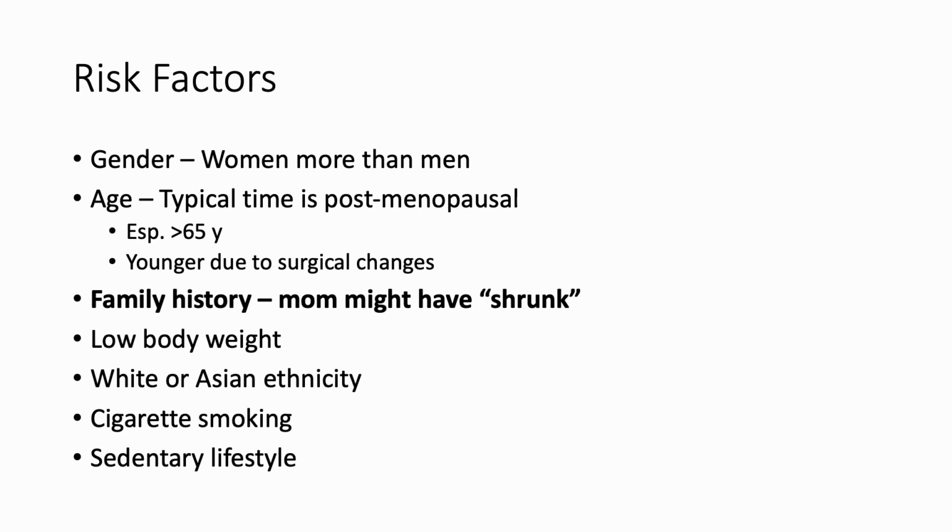The patient's mom might have been described as they shrunk. So this is a clue for you to maybe look deeper into the possibility of osteoporosis. Other risk factors are low body weight, white or Asian ethnicity, cigarette smoking, or sedentary lifestyle.